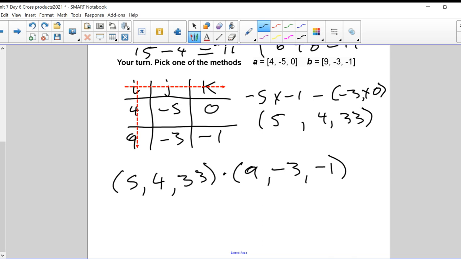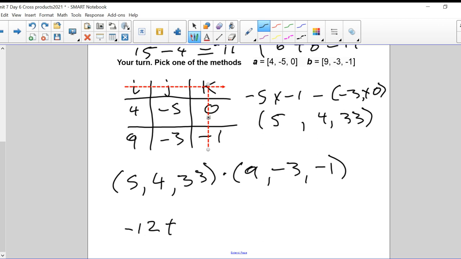Okay, let me backtrack and help Ariana with that. For the last one, for the 33, I'm going to take my line and move it over here. So here's my diagonal. My diagonal is 4 times -3, right? Make sense? Is minus 12, I guess.